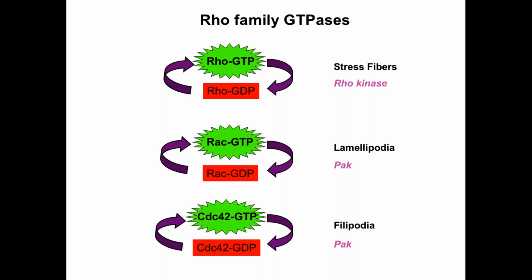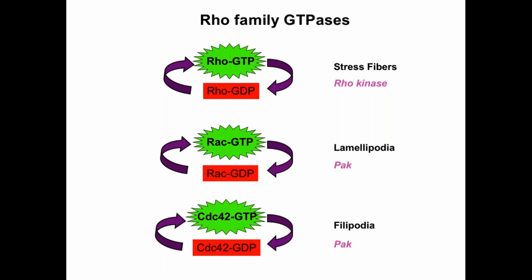And there are three Rho family GTPases that regulate the cytoskeleton in the cell. One is Rho, which you probably have heard about the most, and that regulates stress fibers. You've seen many people talk about stress fibers here. Rac GTP regulates a morphology called lamellipodia.